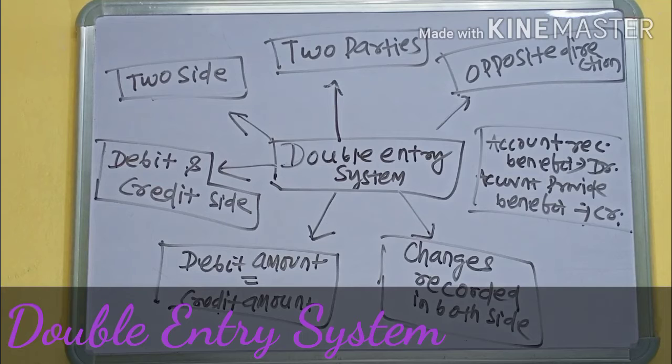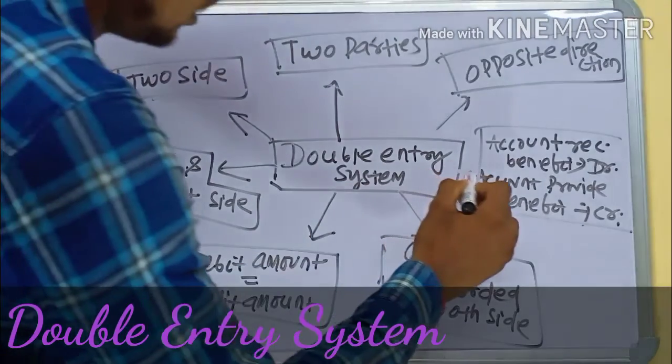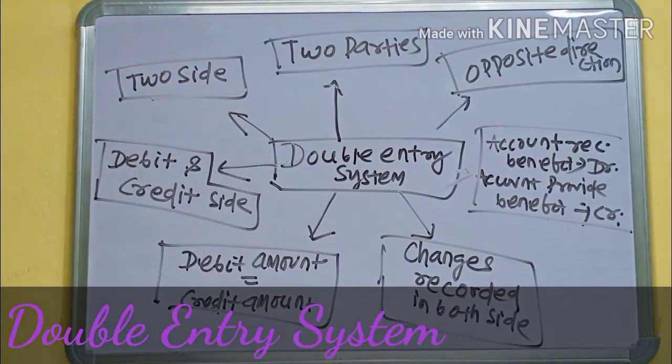If any transaction is recorded on the left hand side of one account, then another treatment must be made in another account on the right hand side, with an equal amount of debit and credit. The account that receives the benefit must be written on the debit side, and the account that provides the benefit must be recorded on the credit side.